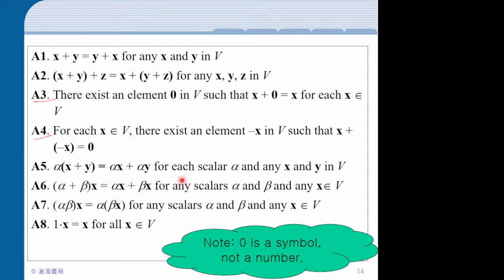Something people got a little confused about in homework is that this plus and this plus are different pluses. Although both are written as plus, intuitively the first plus is a plus between vectors, and the second plus is a plus between scalars.